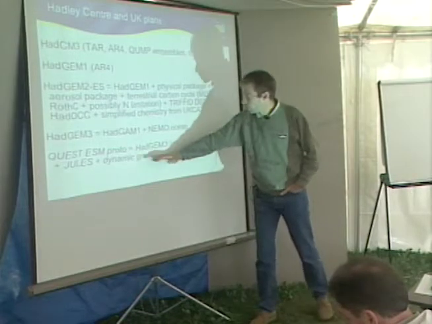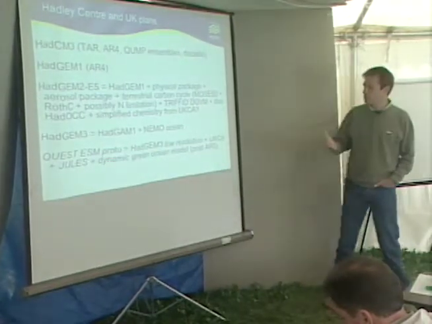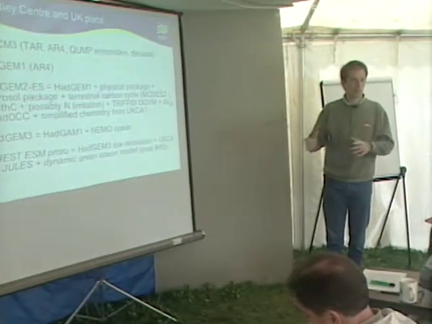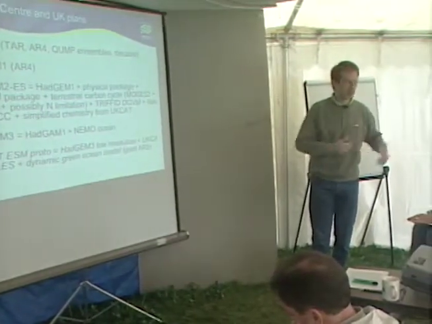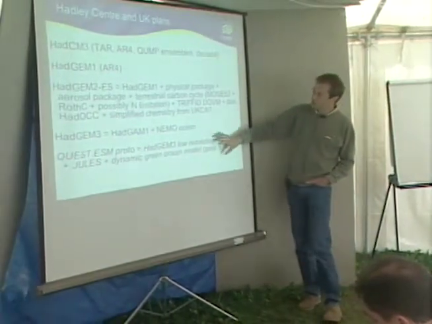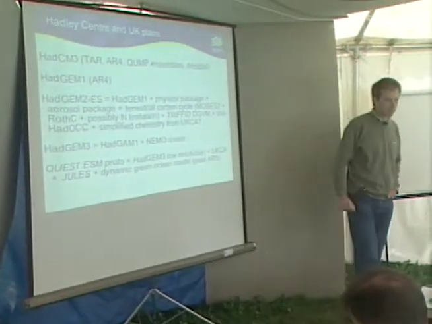And also the ocean carbon cycle will be new generation with that concept of dynamic green ocean model, where there would be functional types for the planktons, so very similar to what is done over land. And this is something going on at the same time, but on a longer time scale.